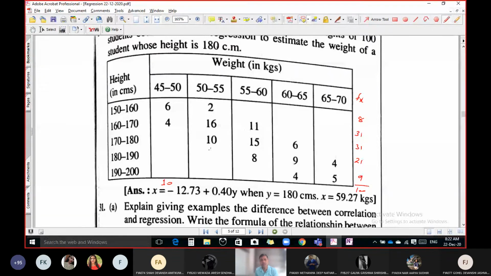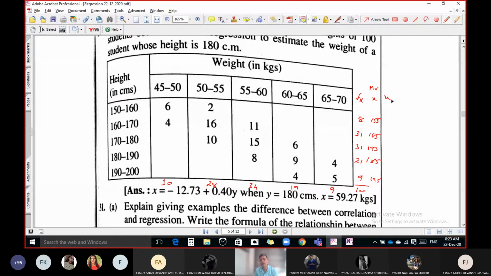Here it's the same thing: 10, then 28, then 34, then 19 and 9. Okay. Now you have to find out first of all the mid value x. The mid value is nothing but the total of these two divided by 2. So we get 155, then 165, 175, 185 and 195.